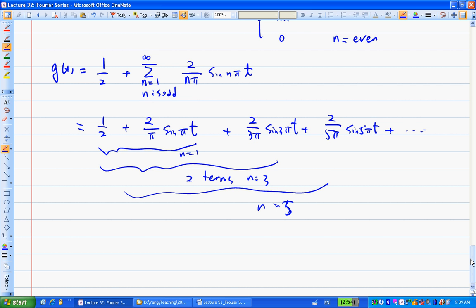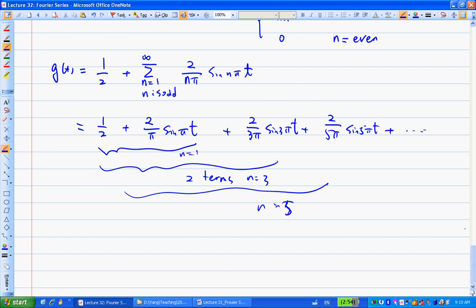So the Fourier series ultimately gives us an idea of how many frequencies are inside this periodic function, and what the amplitude associated with each frequency is. That's basically what the Fourier series is telling us here.